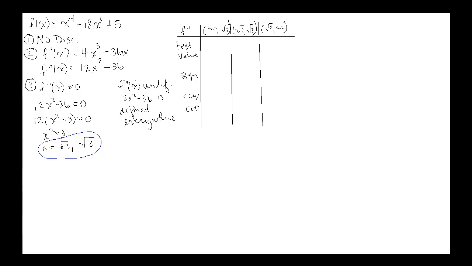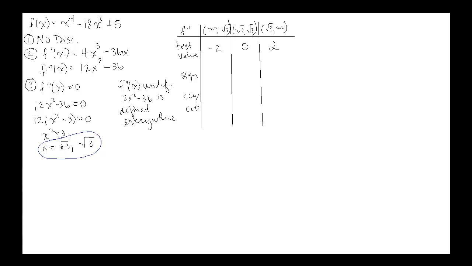Positive root 3 is somewhere between 1 and 2, correct? Because square root of 1 is 1, square root of 4 is 2, and square root of 3 would be somewhere in between. Root 3 is approximately 1.7. So test value, something between negative infinity and negative 1.7: negative 2 would foot the bill. Something between negative root 3 and positive root 3 would be 0. And something greater than 1.7 would be positive 2.